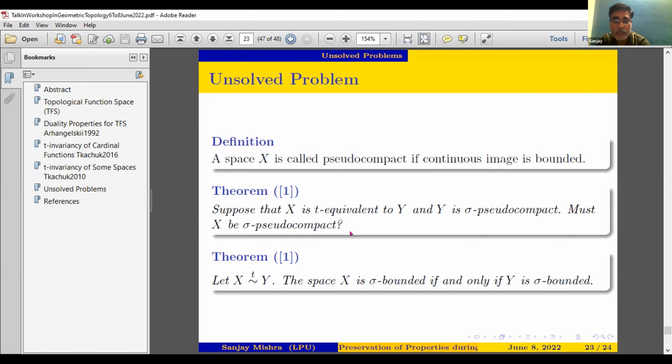We can replace it by C(X,Y), where we consider not only R with the standard topology but any general topology on Y. So there are lots of opportunities for finding general results from this base result, and we will work on them in the future. That is from my side.